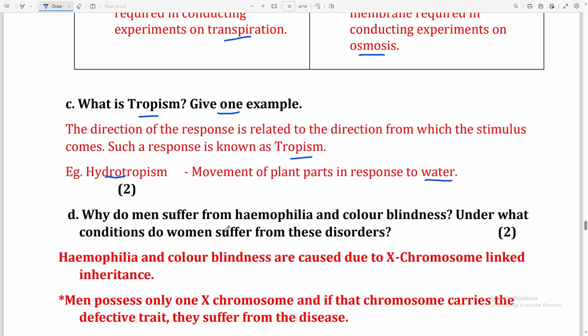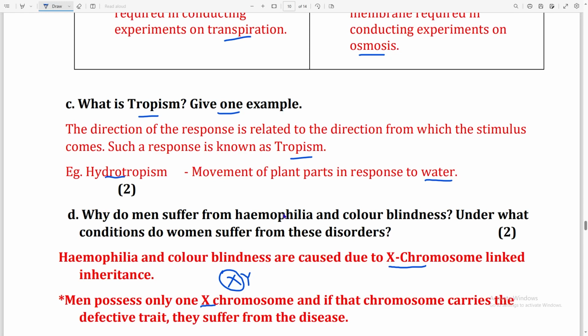Why do men suffer from hemophilia and color blindness? Under what conditions do women suffer from these disorders? Hemophilia and color blindness are caused due to X chromosome linked inheritance. Men possess only one X chromosome, because in case of men we can find XY chromosome, so it consists of one X chromosome, and if that X chromosome carries the defective trait, they suffer from the disease.